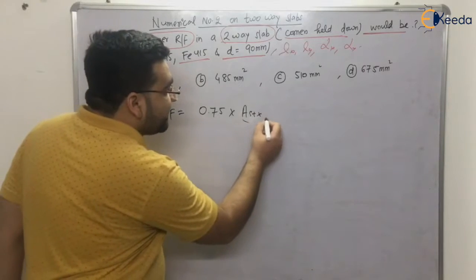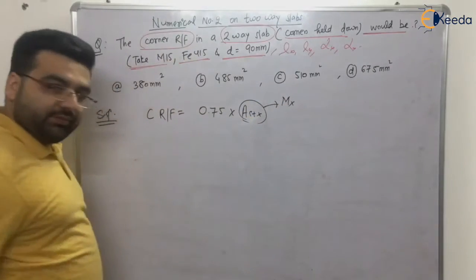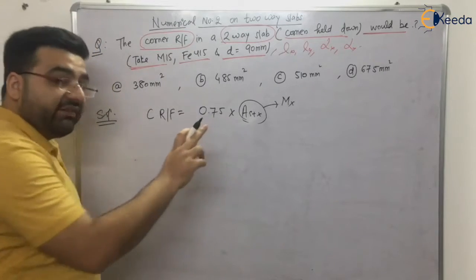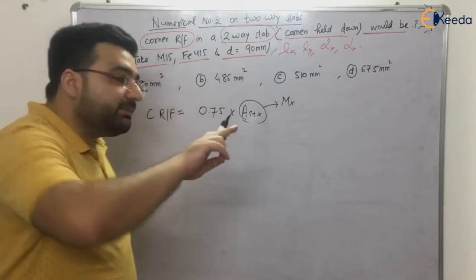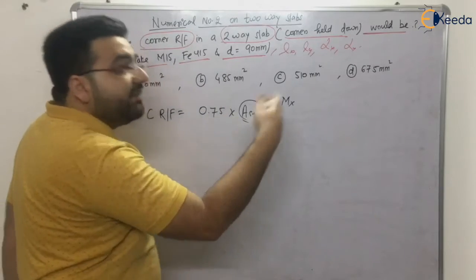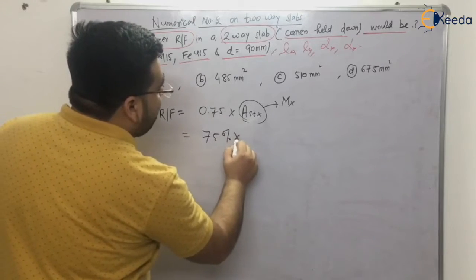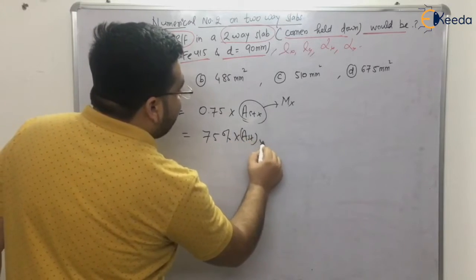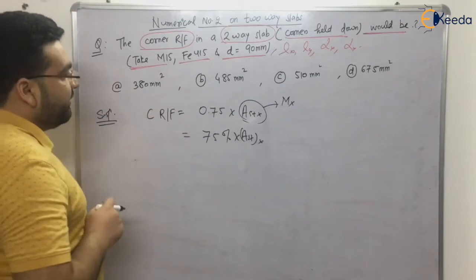What is ASTX? The area of steel which we get from the moment in x direction. If I would have told you about 0.75%, just delete the percent part. It is 0.75 times of this, or you can say 75% of ASTX. Clear?